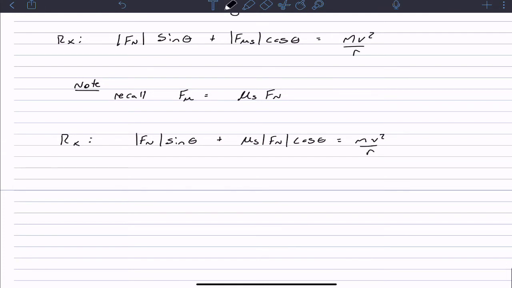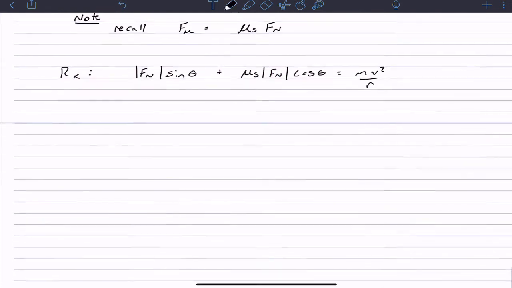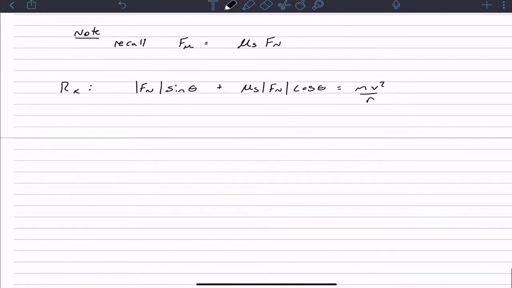Since we're not going to really be able to figure out exactly what the normal force magnitude is from this, well, we actually probably could, but we want to solve analytically, because what we're doing is trying to find the range. So let's just solve for this.